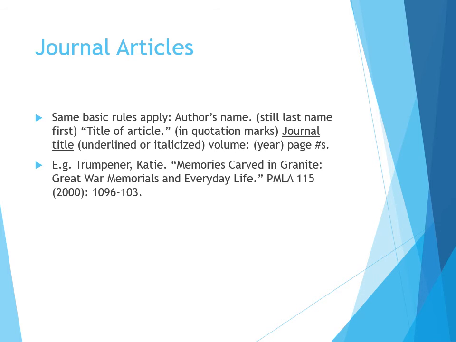Sometimes you'll also have volume and issue number as well, in which case it would be 115.2 or something like that. So again, here's an example of what it looks like. In this case the journal title is PMLA. It's in volume 115, which was published in the year 2000, and then the page range of the complete article.